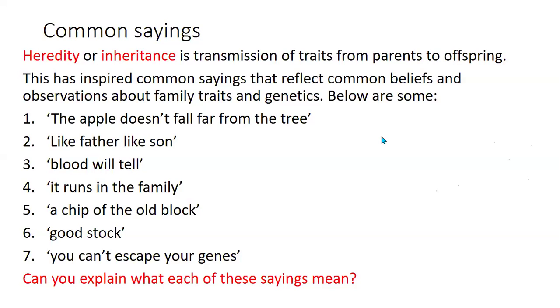Okay, so we can say that character runs in the family. It means that that character is passed on from one generation to another. And that's one of the ways they can tell who belongs to their family or not, because they always pass on the character. Okay. Then you also had sayings, a chip of the old block.